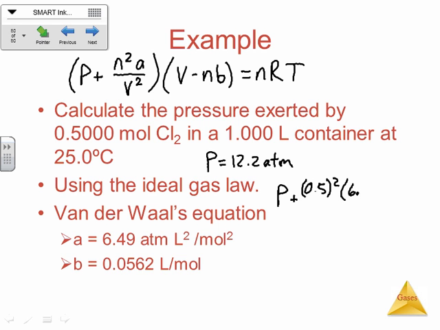6.49 divided by V squared, which is just 1 squared. Okay. So that whole thing times V minus nb, so that's 1 minus 0.5 times our b value, 0.0562.